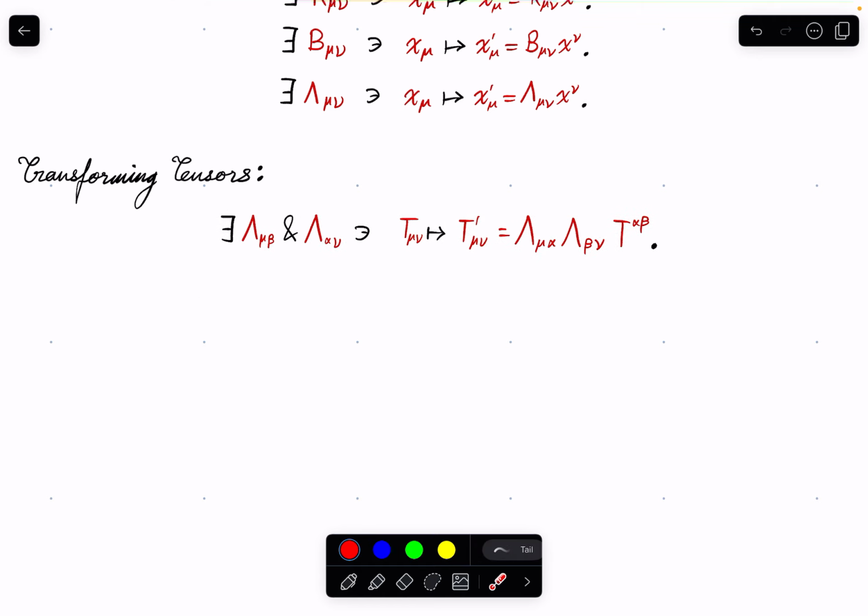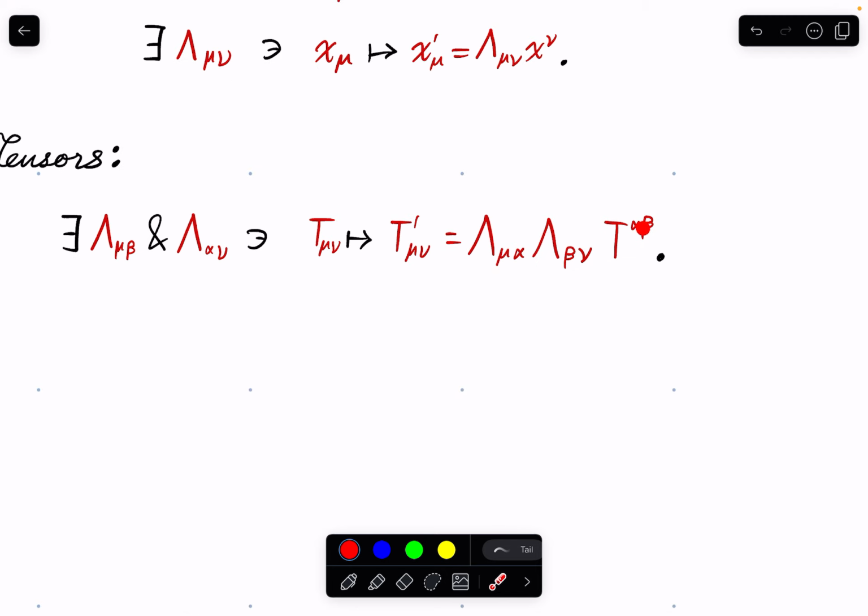So it's interesting that a tensor just behaves like two vectors. So you first transform it like one vector, and then you transform it again.